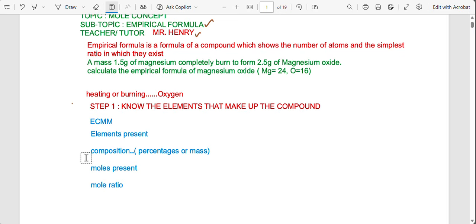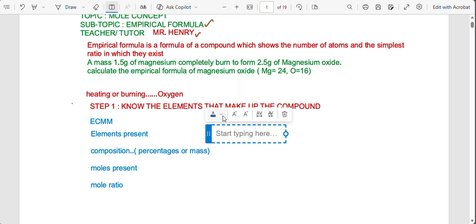Hope your teacher has told you, for those that have learned empirical formula. But how are you going to remember these things of elements present, composition, moles present? We are going to take our synonym, ECM squared, where E stands for elements present, C stands for composition, and this composition can either be in percentages or mass. The first M stands for moles present, the second one stands for mole ratio.